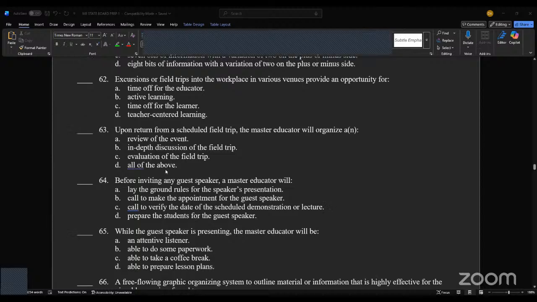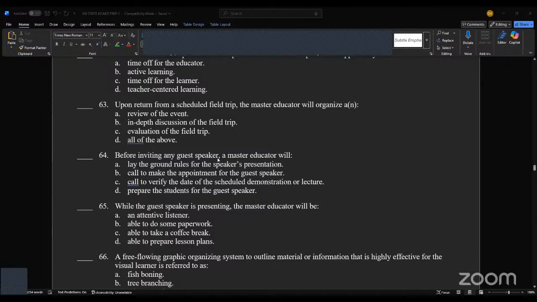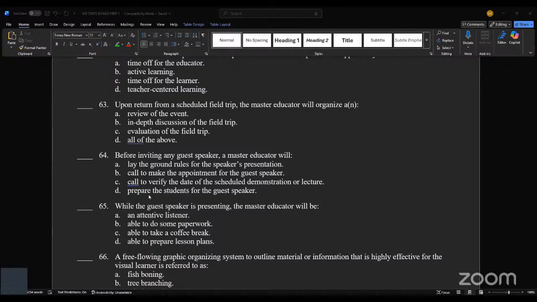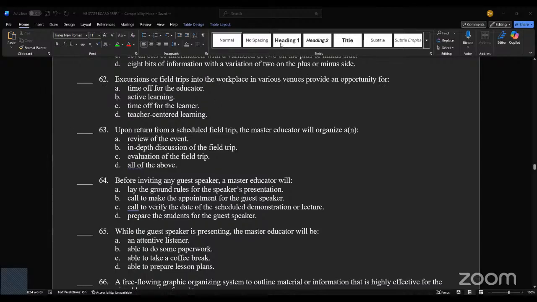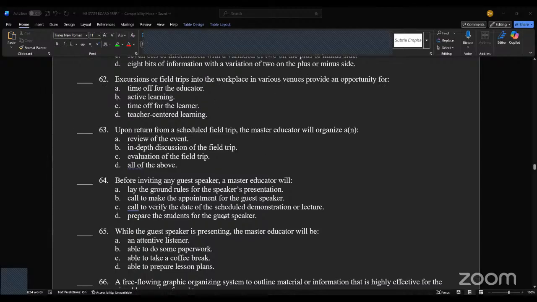64, before inviting any guest speaker, a master educator will: A, lay the ground rules for the speaker's presentation; call to make the appointment for the guest speaker; call to verify the date of the scheduled demonstration or lecture; and then prepare the students for the guest speaker. 64 is going to be A, because you have to set the ground rules.